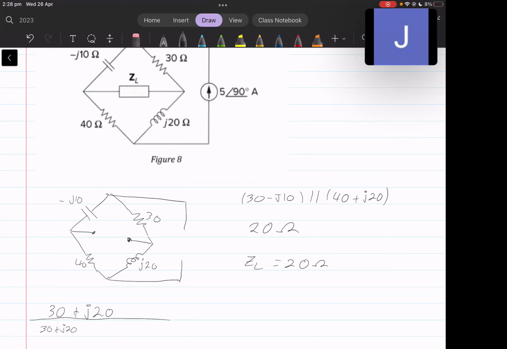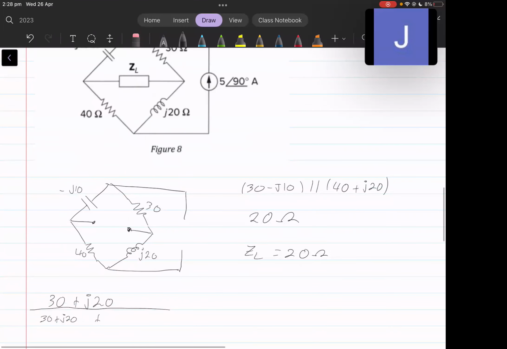What does that work out being? Minus J10, and that will be the current through our left.